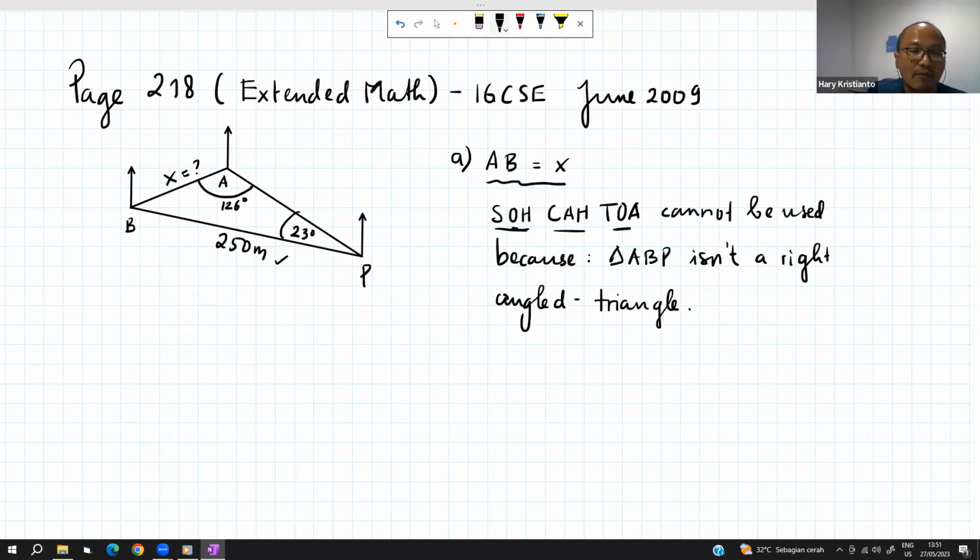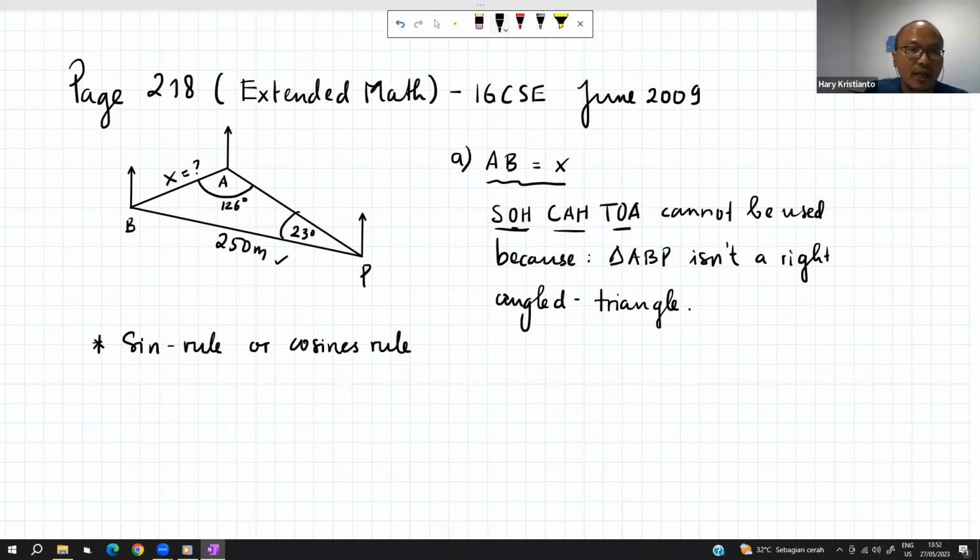But don't worry. We still have other tools to find the length of one side or one angle in a triangle, which is either using the sine rule or the cosine rule.